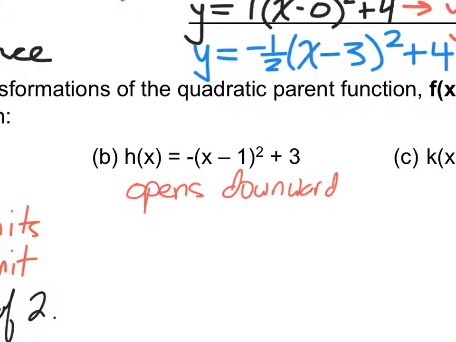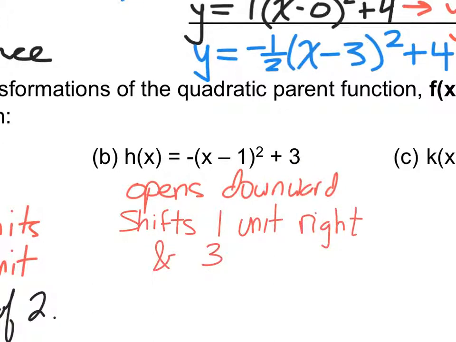So what about the shift? It's going 1 to the right. Shifts 1 to the right, and up 3 units up. All right. We addressed opening downward. What about a stretch factor or a shrink factor? Well, we got the negative.